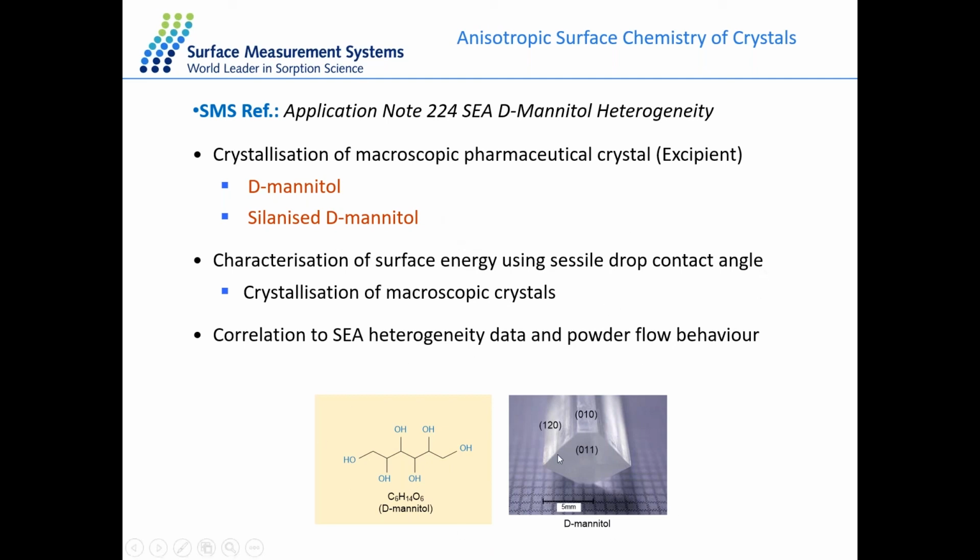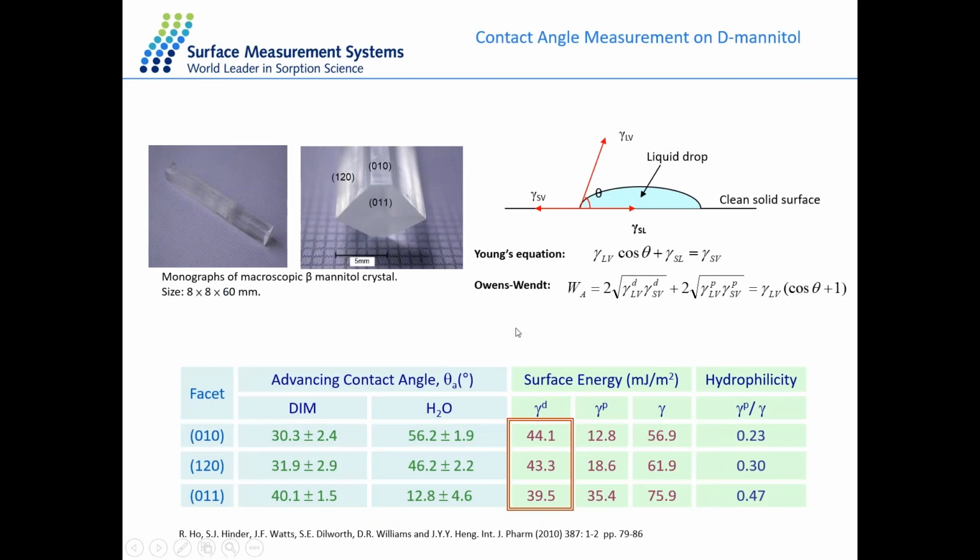So this is the sample here, and we have different faces of the sample shown as well. With regards to contact angle measurements, we use GIM and H2O as our probe molecules, and we've calculated contact angle on different facets of the crystal.